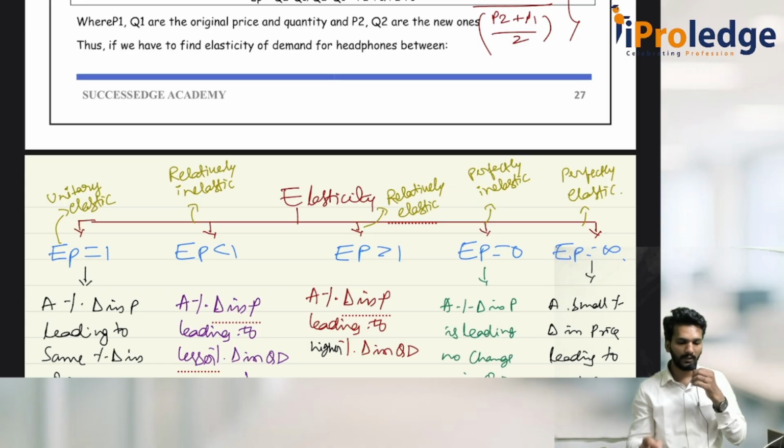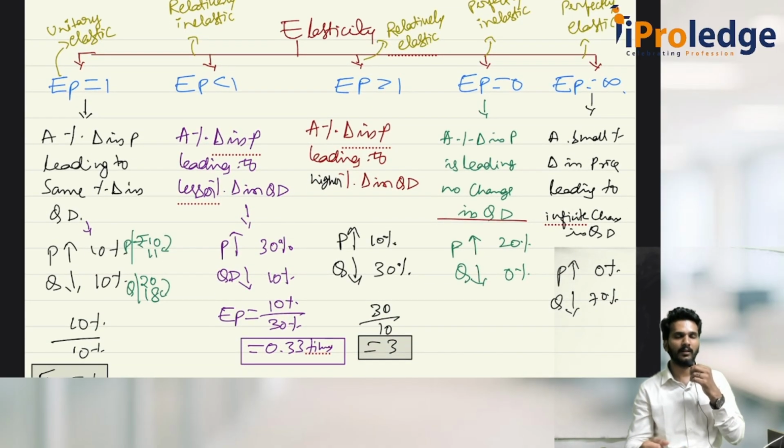So these are the interpretations of numerical values. The examination questions are like: under what type of elasticity will the demand curve be horizontal? Perfectly elastic, where elasticity of price is infinity. Under what type of elasticity is the demand curve steeper?